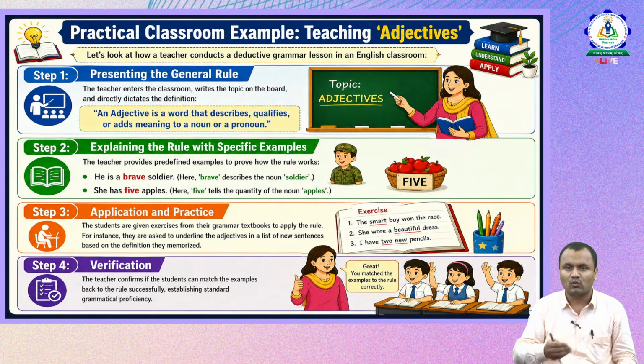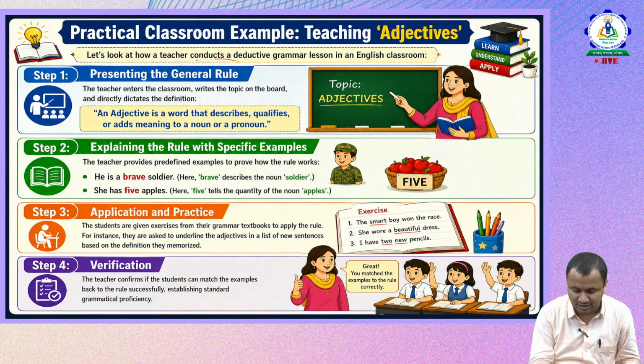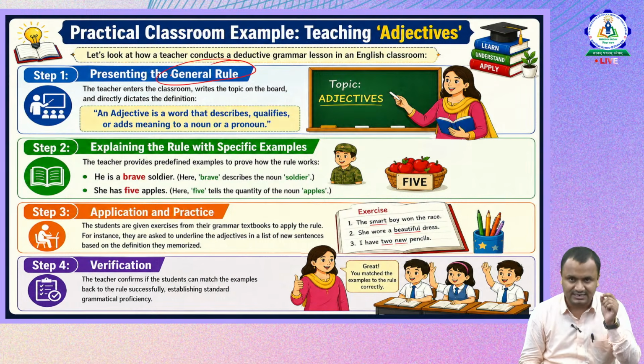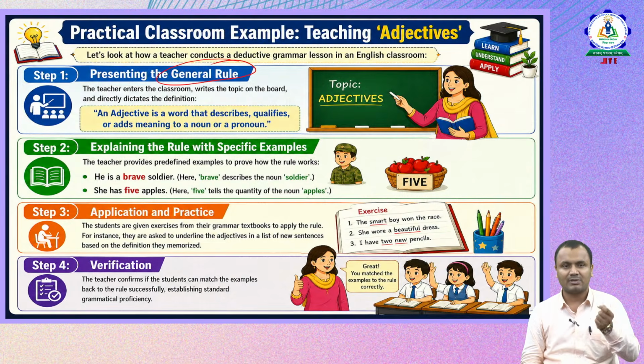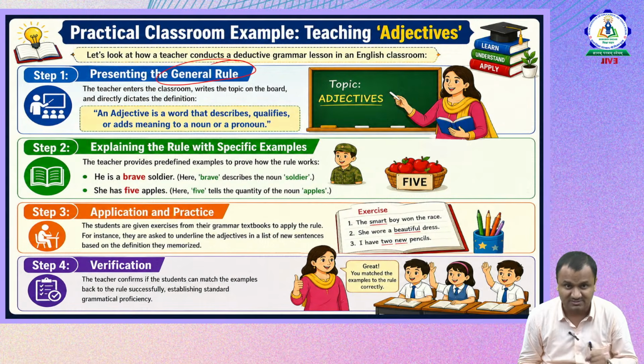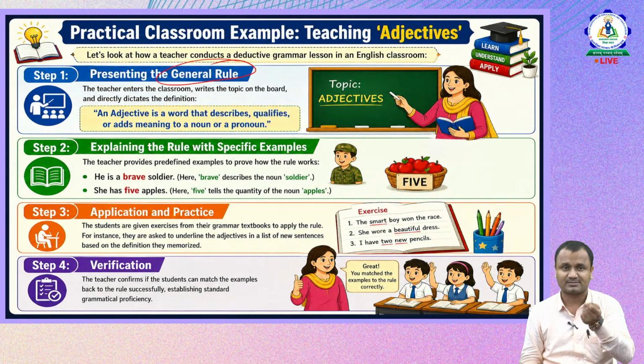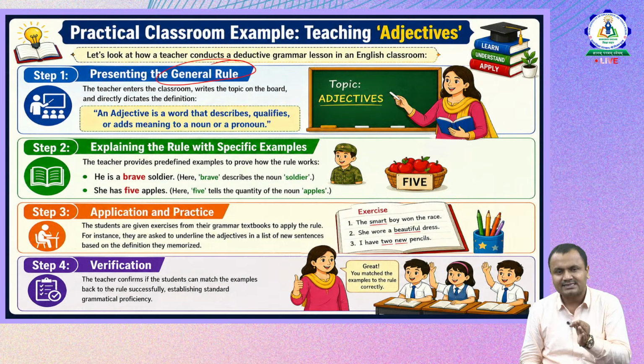Now this is what deductive method is. We started by presenting the general rule, the general formula, the scientific term, the particular definition, the particular textbook exercise or textbook practice or textbook content. And then we explain that particular definition or paragraph or concept by giving examples.